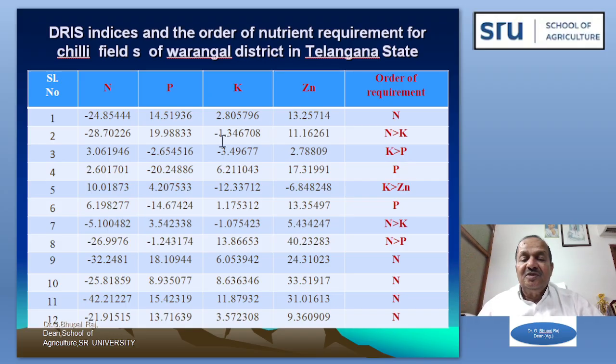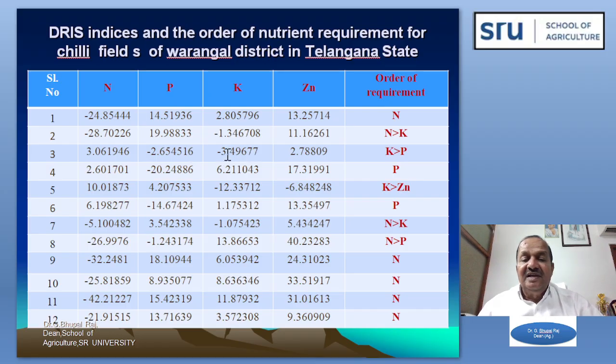Nitrogen is the most deficient, followed by potash, so N is greater than potash. Similarly, in the third plot, we got negative values for phosphorus and potash.